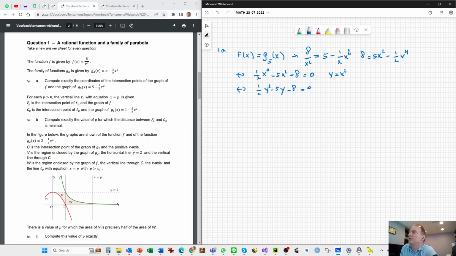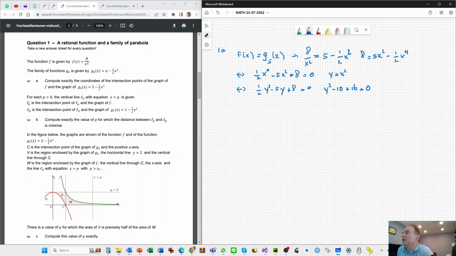I multiply by 2 to get the coefficient in front of y squared to be 1. So I'll get y squared minus 10y plus 16 is 0. Wait, this was a plus. This was a plus. All right.